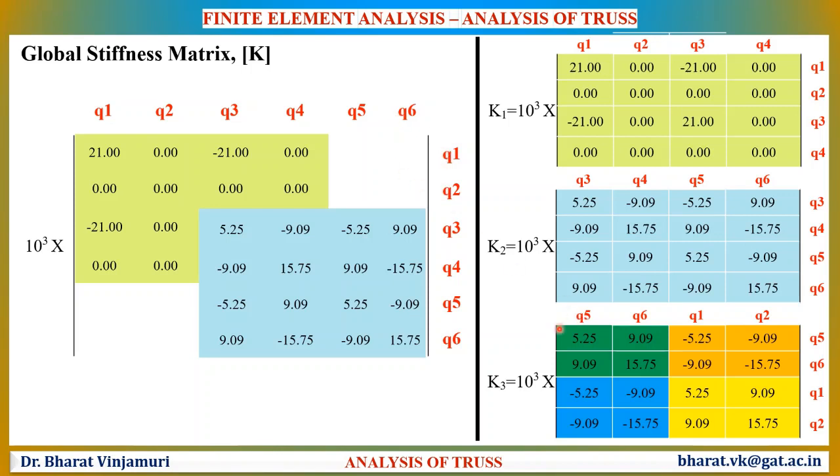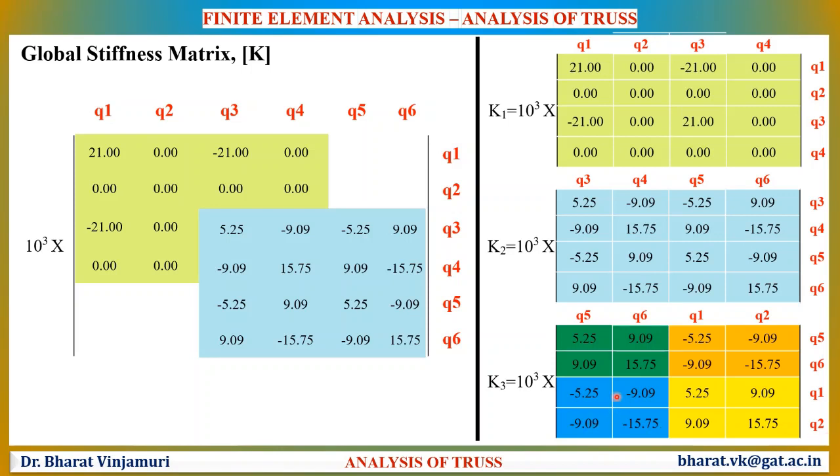This is the reason why we have divided the stiffness matrix into 4 equal parts. Let us search for the matrix which is available here. The rows must be Q1 and Q2 and the columns are represented by Q5 and Q6. If you observe the blue color matrix here, Q5 and Q6 are the columns for these elements and Q1 and Q2 are the rows.